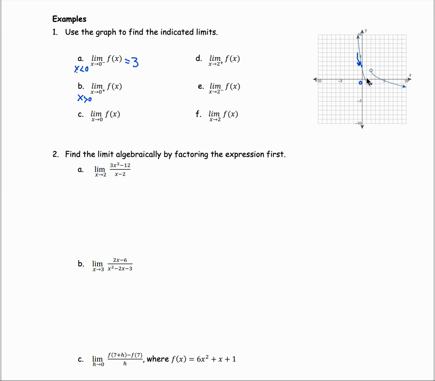For the right-hand limit, as x approaches 0, moving along the curve from the right side of 0, again the graph tells us the function approaches the same value 3. So the left-hand and the right-hand limits are coming toward the same number. Therefore, the two-sided limit in part C has the same value.